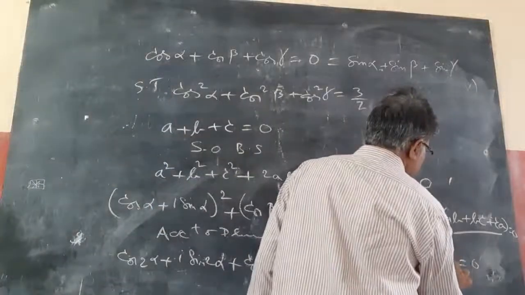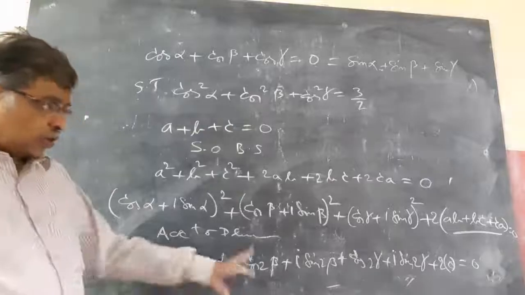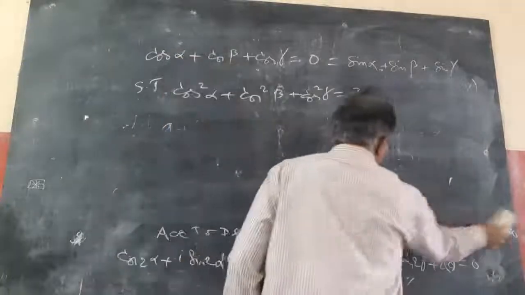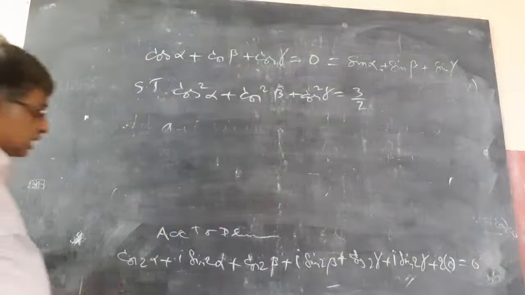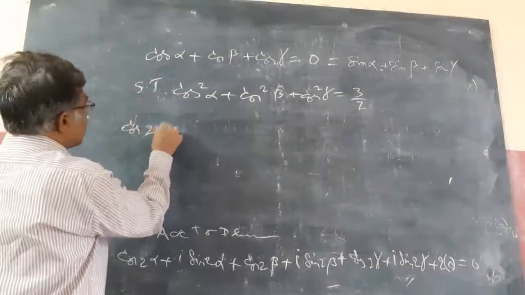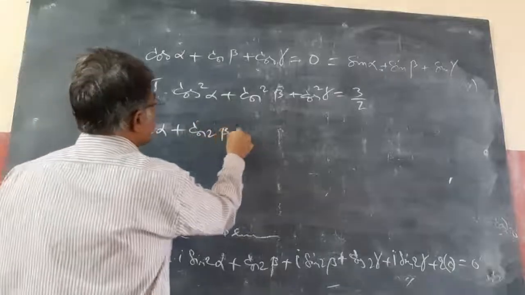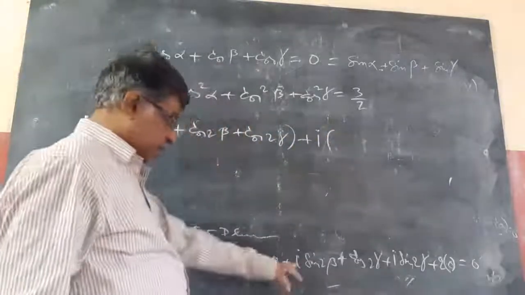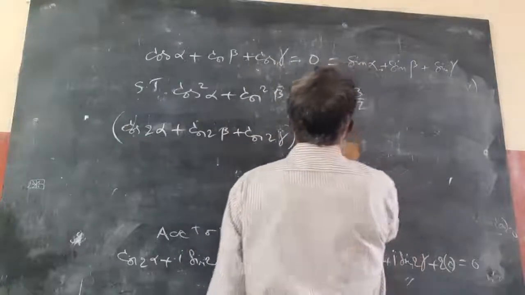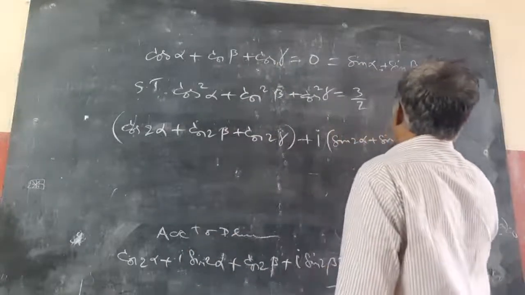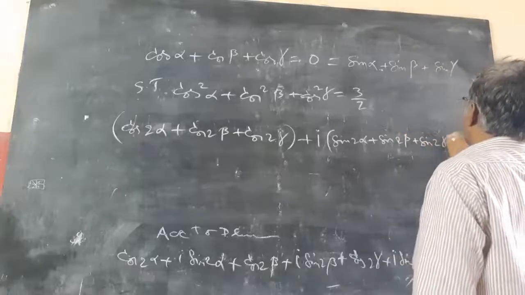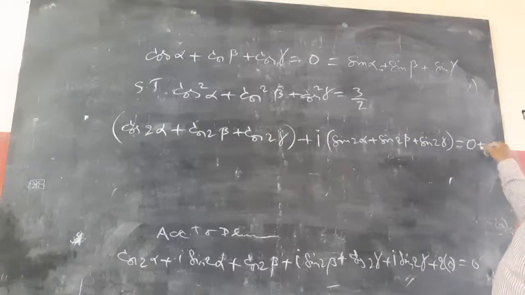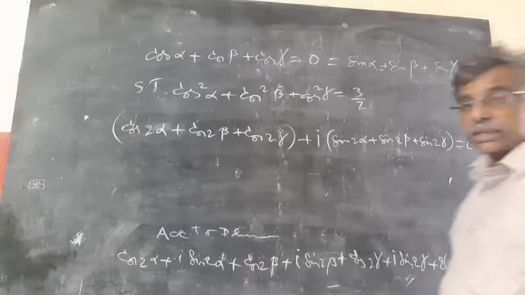Now grouping the real and imaginary parts: cos 2 alpha plus cos 2 beta plus cos 2 gamma plus I into, taking I common from the imaginary part, sin 2 alpha plus sin 2 beta plus sin 2 gamma, equal to 0. This 0 I can write as 0 plus I into 0.